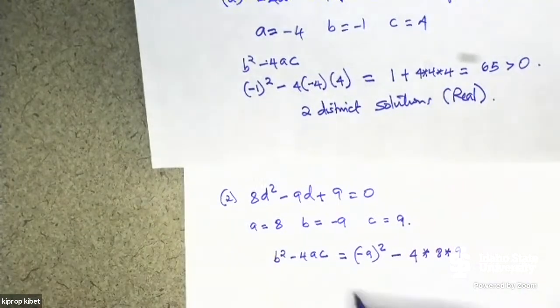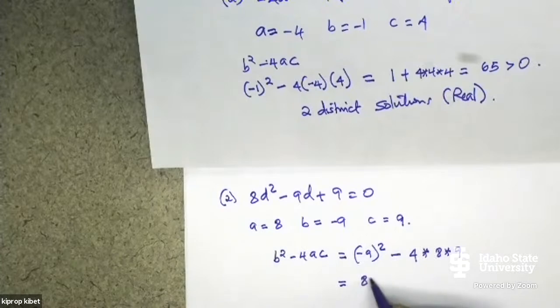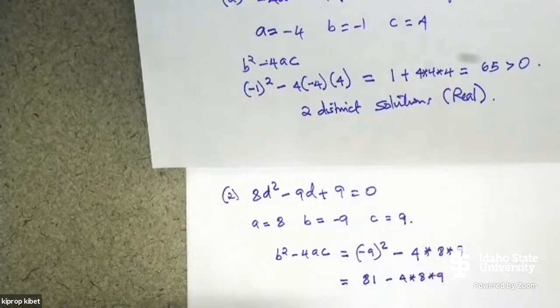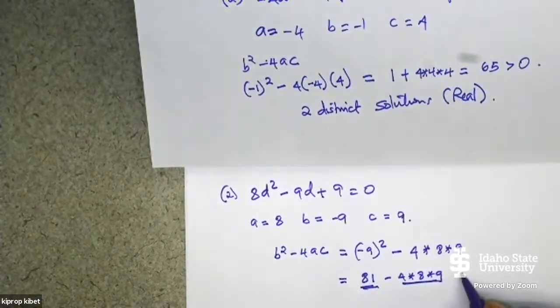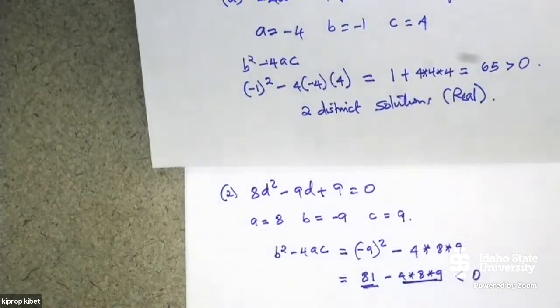Now, without even solving this, it is 81 minus 4 multiplied by 8 multiplied by 9. This one is bigger than this one, right? So it means this is negative, so this is less than 0.